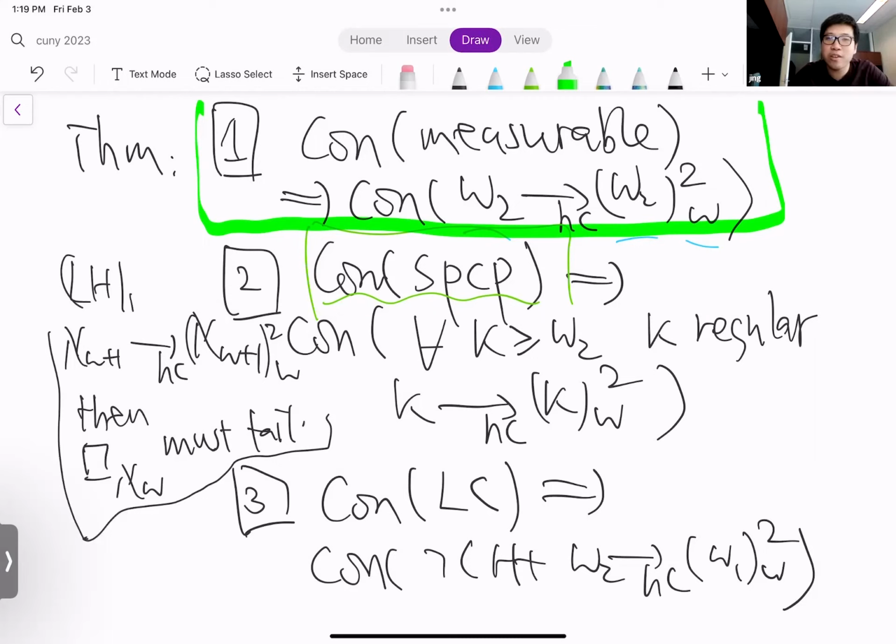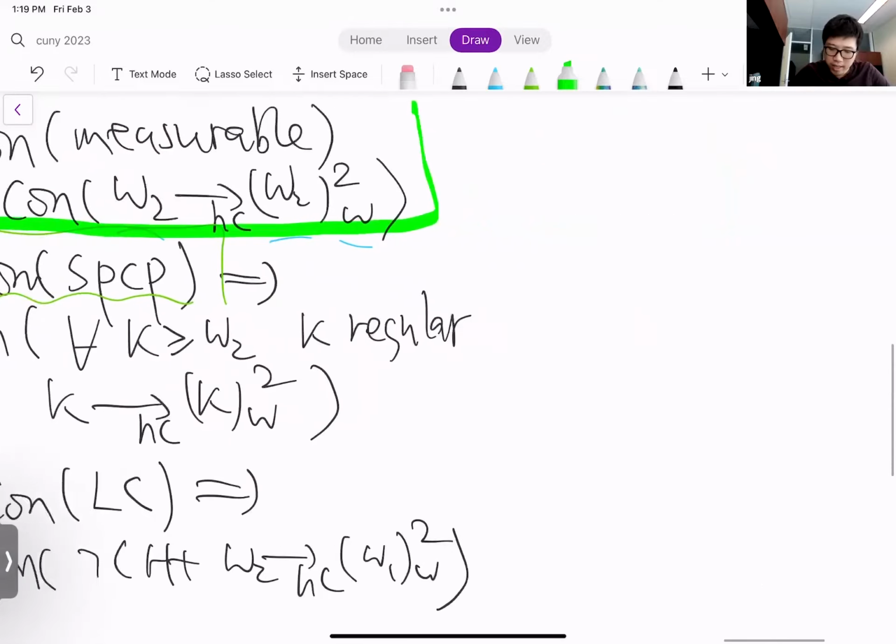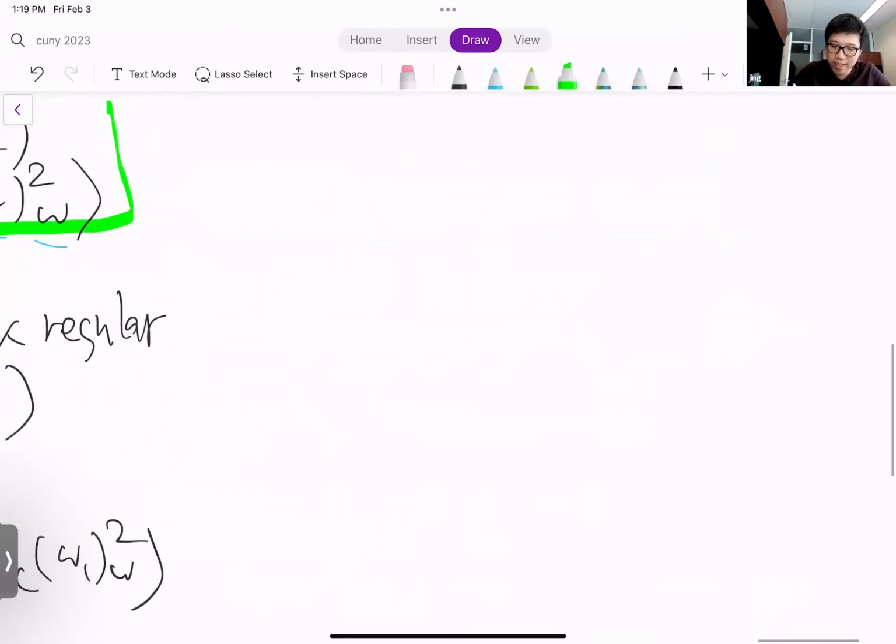There's some genuine combinatorics that goes into proving some of these theorems, and sometimes it's a little bit tricky. So let me just try to illustrate the green box here, and I think that's what I'm going to do for the rest of the talk. Is there any question?